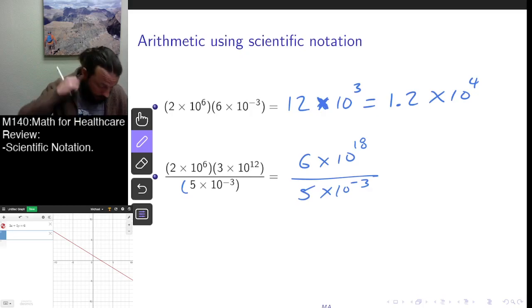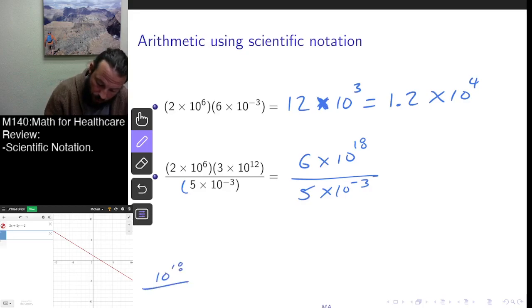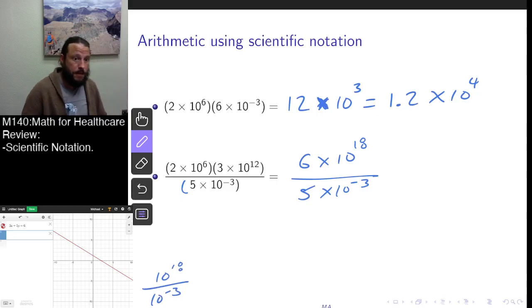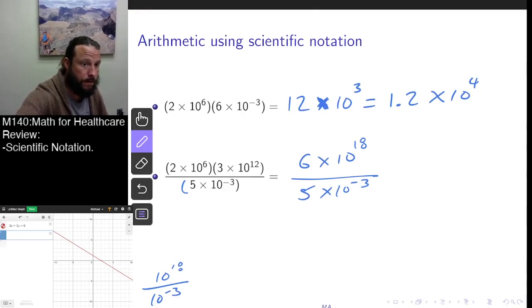Now we have to go obviously a bit further here, and let's work off to the side first of all. 10 to the 18th over 10 to the negative 3rd. Right? What is that? What does that equal?